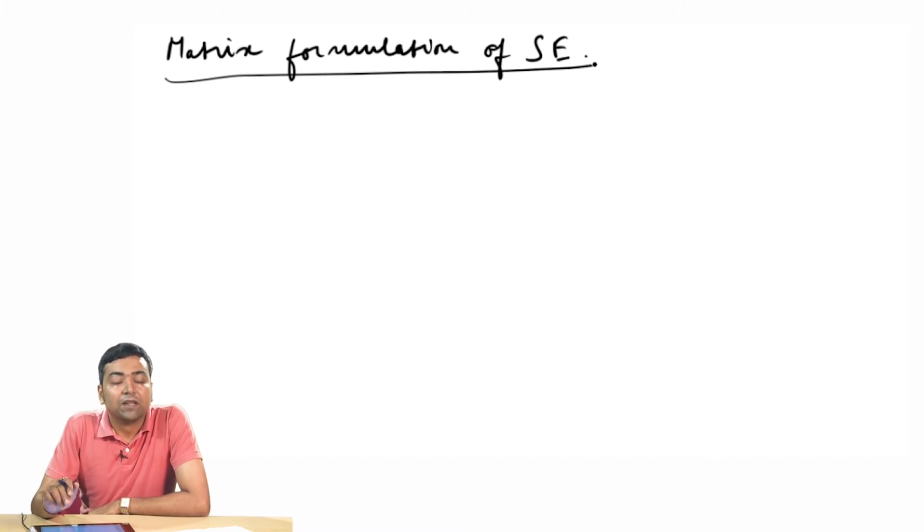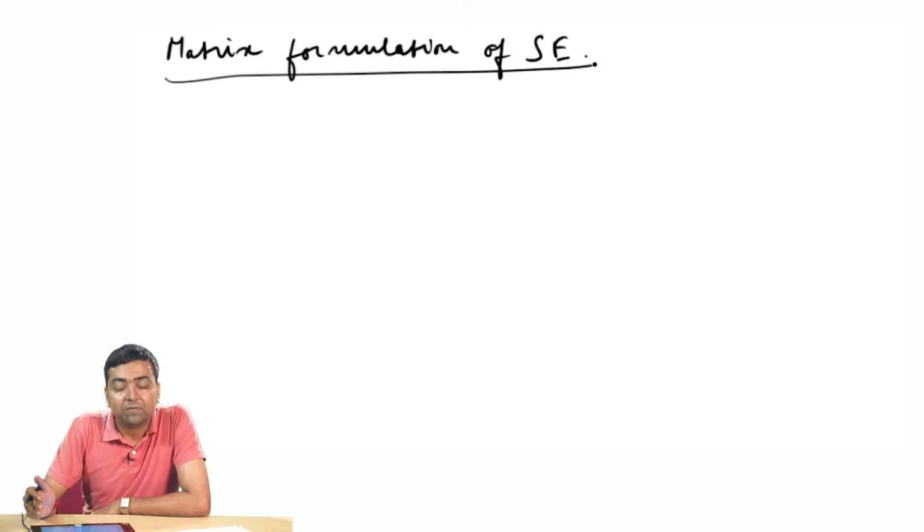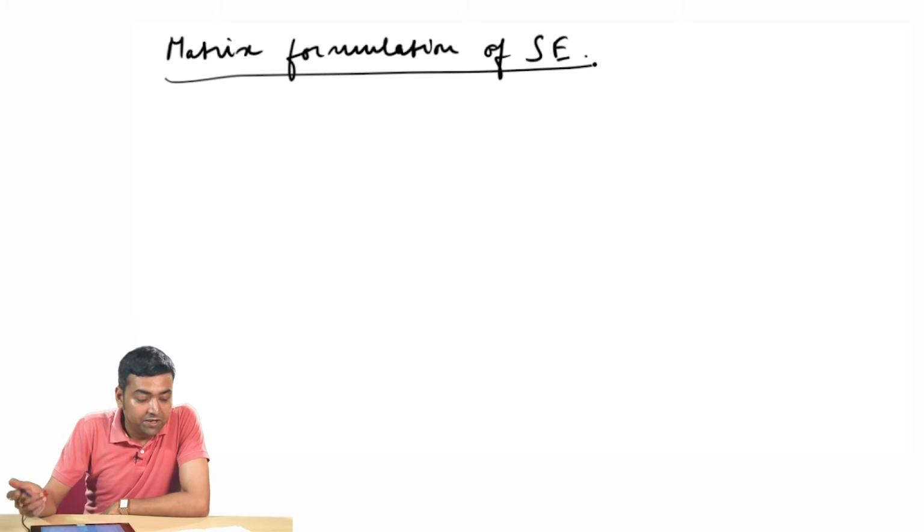What you should also remember is that here we are talking about solving the time independent Schrodinger equation for my system. So, basically my wave functions are stationary wave functions. In order to find these unknown stationary wave functions, we need to expand them in a discrete basis.